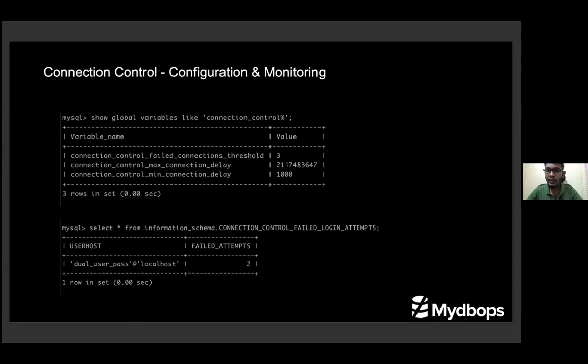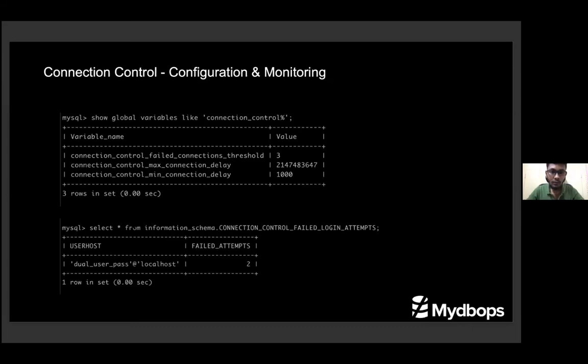So after the third consecutive failed attempt, in the fourth attempt it will add 1 second of lag. It is noted in milliseconds, so by default it is a thousand milliseconds. If the fourth time also we fail, it will add 2 seconds. Like this, it will increment the login time.